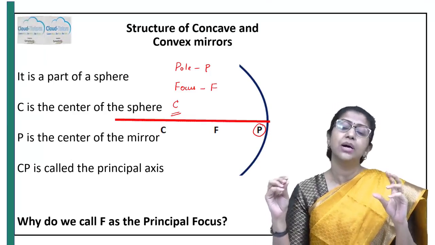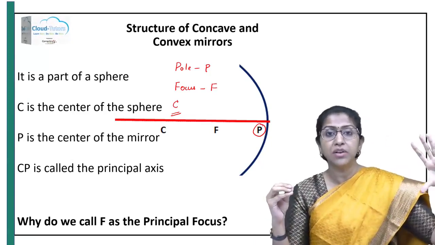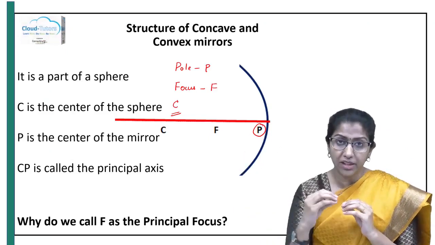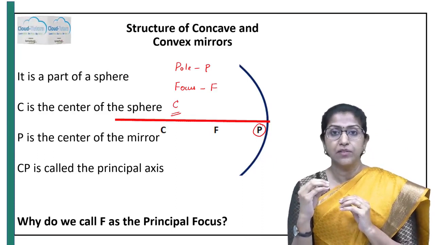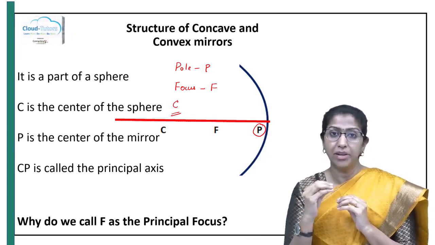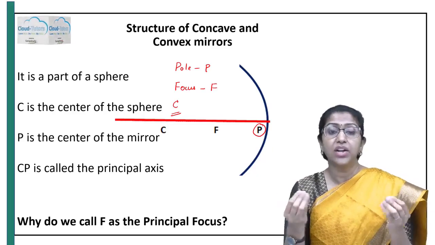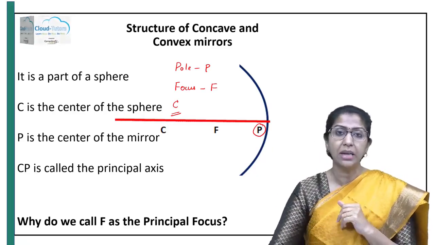This is called as a principal focus. So the diverging light seems to come from the principal focus, and the converging rays of light actually tend to converge at the principal focus in front of the concave mirror. So this is exactly the reason why it is called as the principal focus or focal point of spherical mirrors.